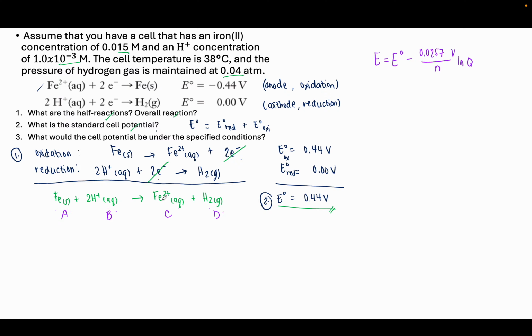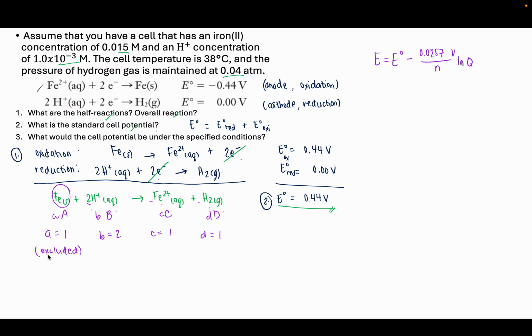So 1 iron, 2 hydrogen, 2 hydrogen. So A, B, C, D. Small a is 1, small b is 2, that's the coefficient. Small c is 1, small d is also 1. But since iron is solid, this is excluded.